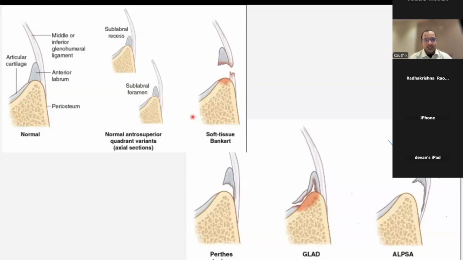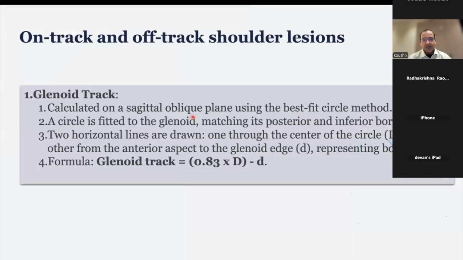Once we have this knowledge of normal variants, labral anatomy, and the different types of Bankart lesions, we move on to on-track and off-track shoulder lesions. This concerns the glenoid track. In a normal healthy individual, the glenoid track is 83% of the glenoid anteroposterior diameter.